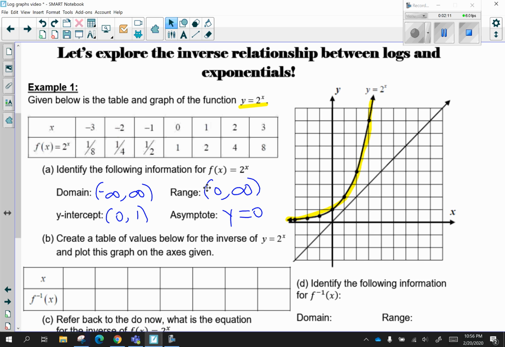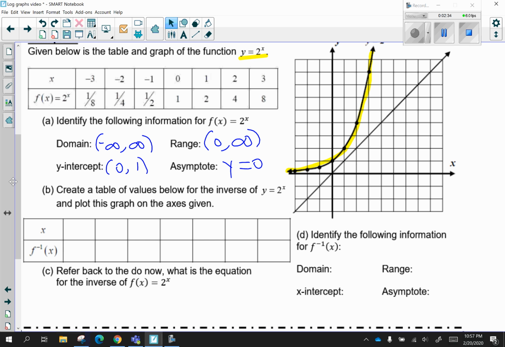So it's close to 0, but doesn't include 0, so it's parentheses. But it continues to grow all the way up to positive infinity. The y-intercept is 0, 1 right here, and there is a horizontal asymptote at y equals 0. So to the left, it levels off to look like a horizontal line.